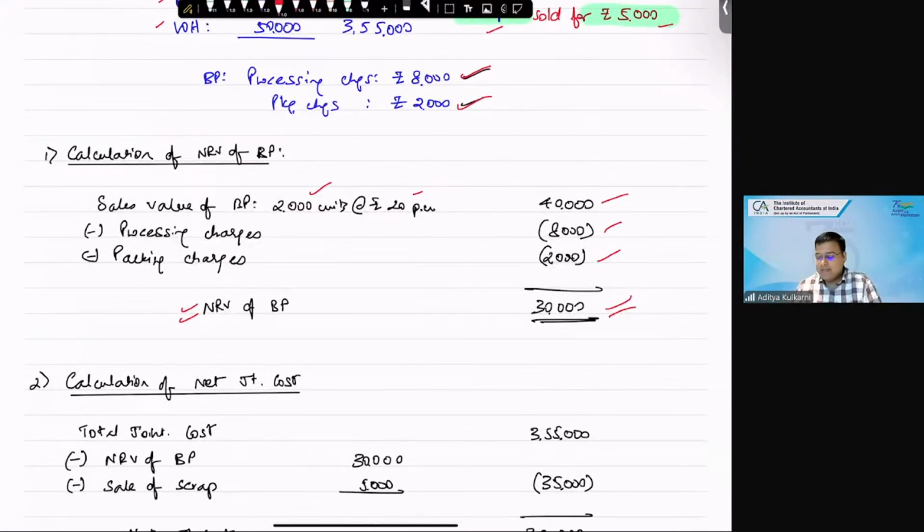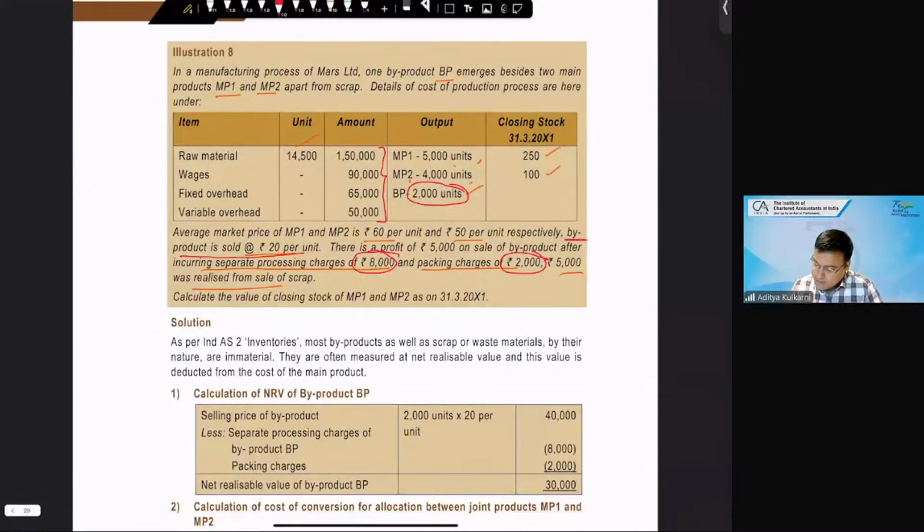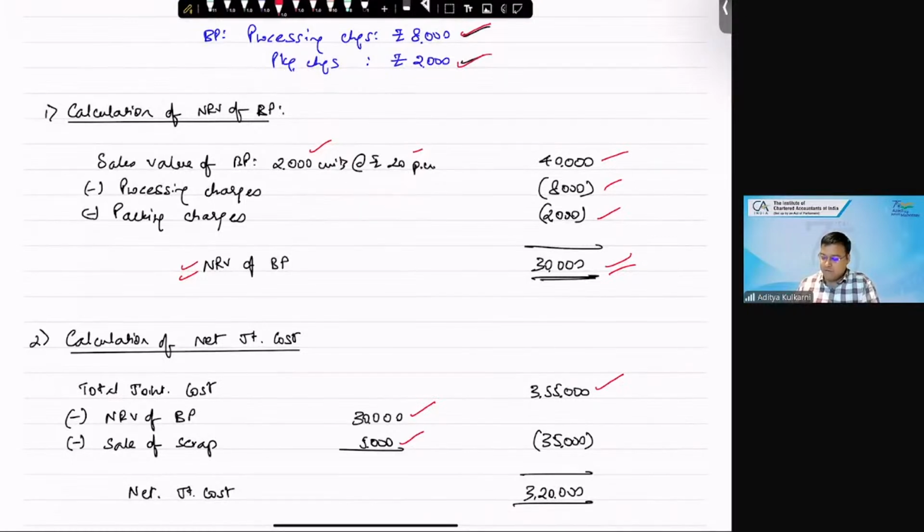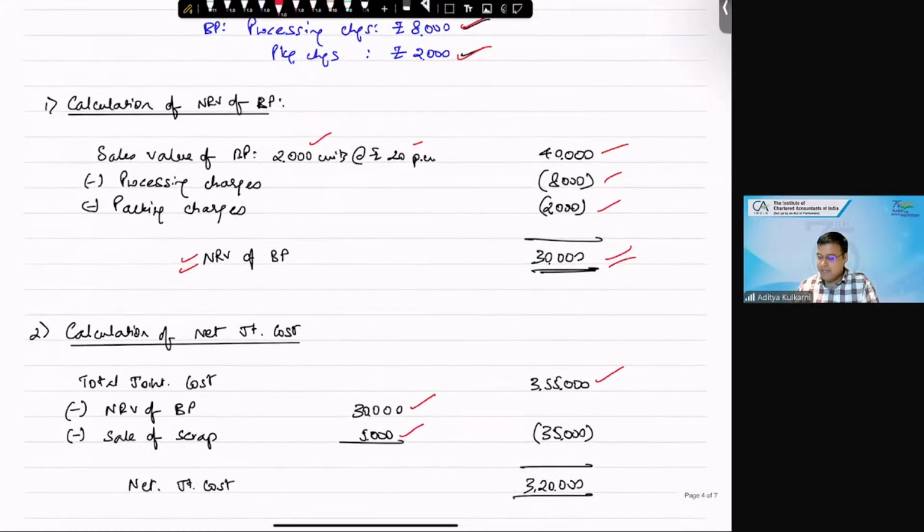So now let us calculate the net joint cost. What is your net joint cost? Total joint cost is 3,55,000. NRV of byproduct 30,000. Sale of scrap 5,000. Is it given in the question? Yes, 5,000 was realized from sale of scrap. So 3,55,000 minus 35,000, net joint cost is 3,20,000.